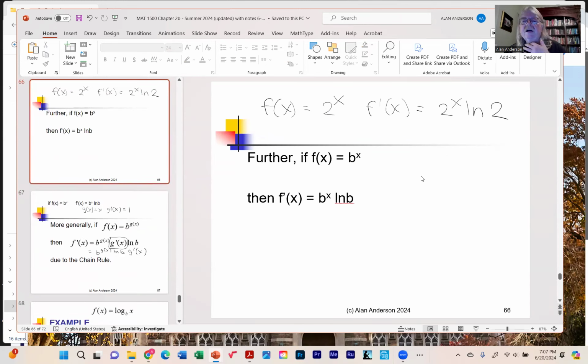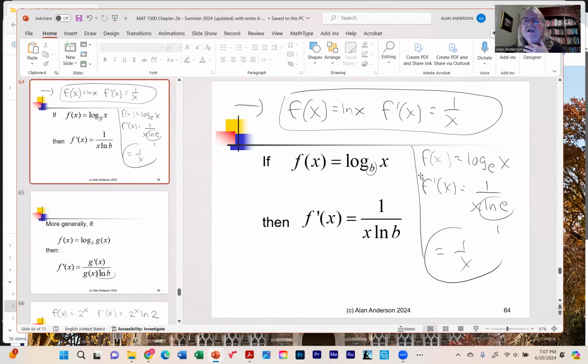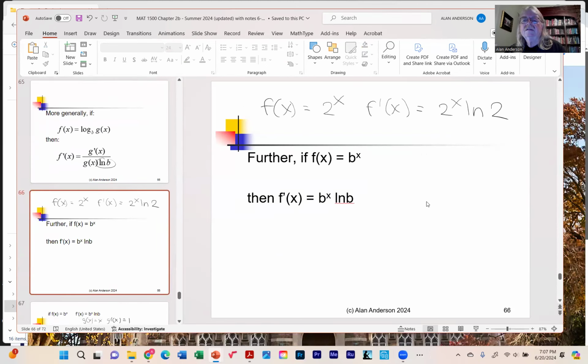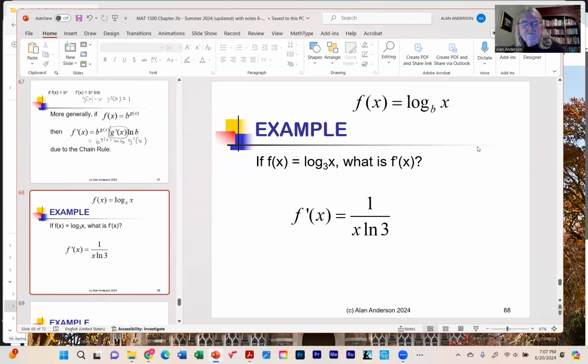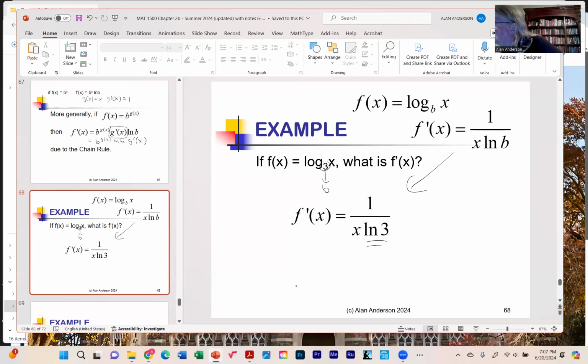So if we have log base b of x, then the derivative is here. So here, this is our b, and it tells us that we're going to have 1 over x log b, which means it's very simply 1 over x log 3.